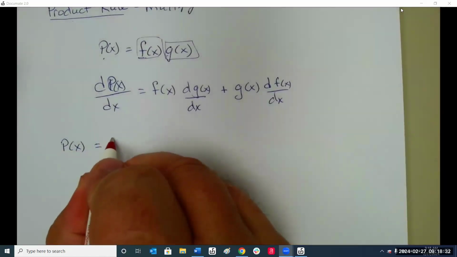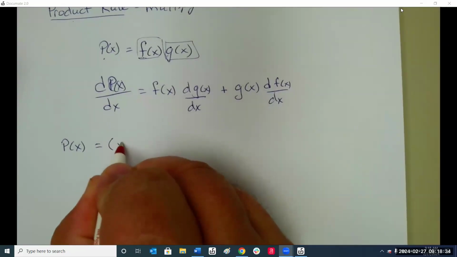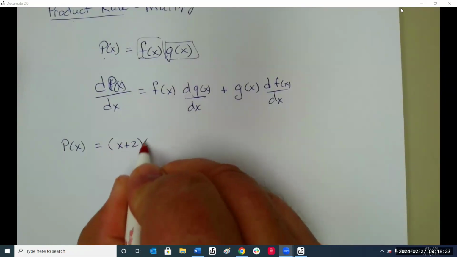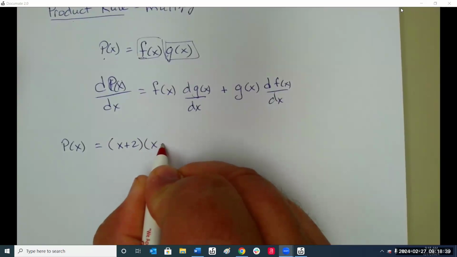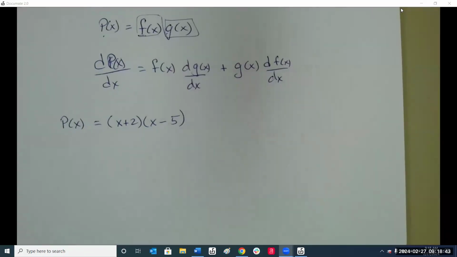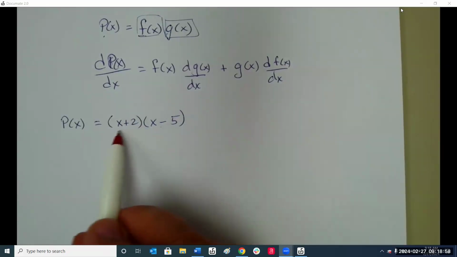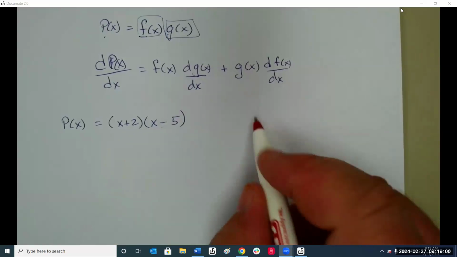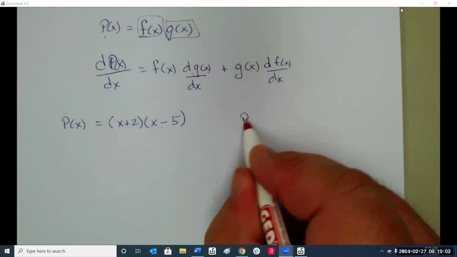Let's look at an example here. x plus 2, x minus 5. On this one, if you can multiply together and just do the individual pieces, that's a lot easier. We'll do it both ways. We're going to use the product rule for this one, and then we're going to multiply them together and see what we get.